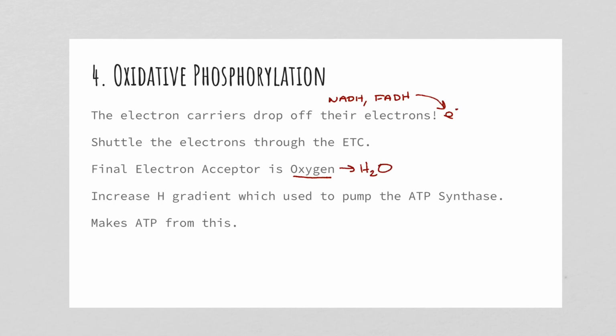But the key point here is we're increasing the hydrogen gradient, which is going to be used to pump through the ATP synthase, which makes lots of ATP. So through this whole process you end up making anywhere from about 30 to 38 ATP molecules from aerobic or cellular respiration.